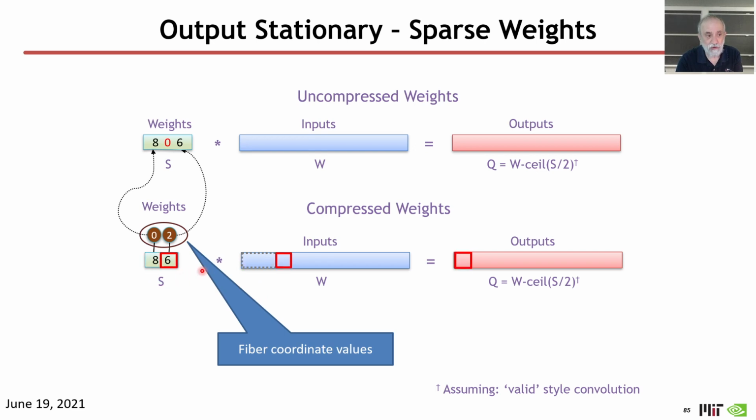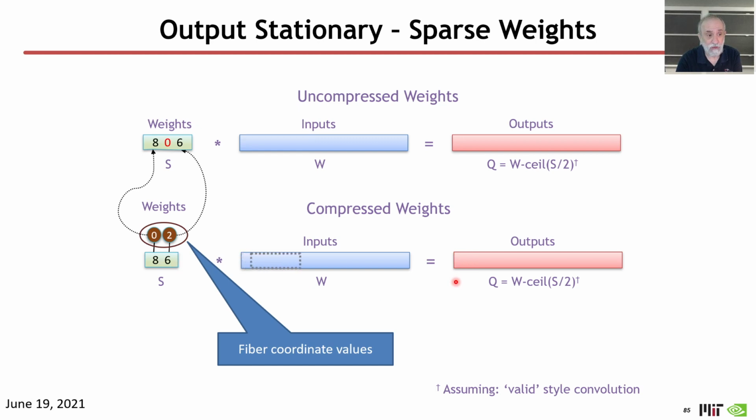But then when I go to the next computation, based on the fact that I'm working on coordinate 2, I don't need to look at relative coordinate 1 in the input activations. I can jump to the end of the window, coordinate 2 in the input activations, and I have now completed my partial sum.